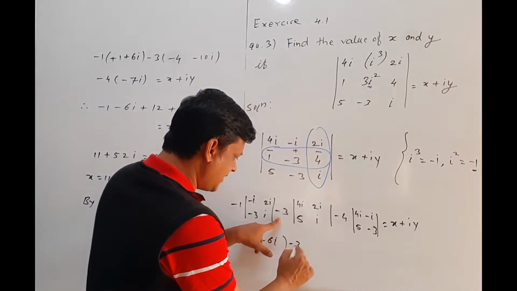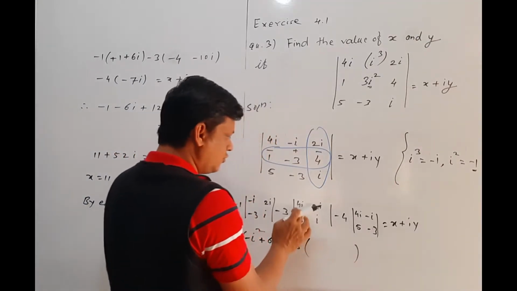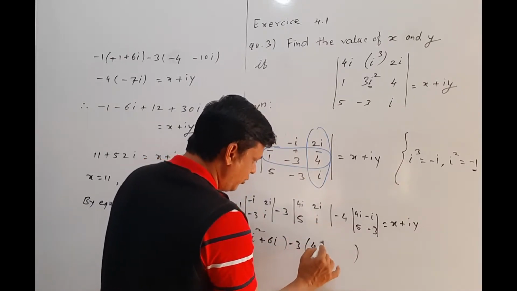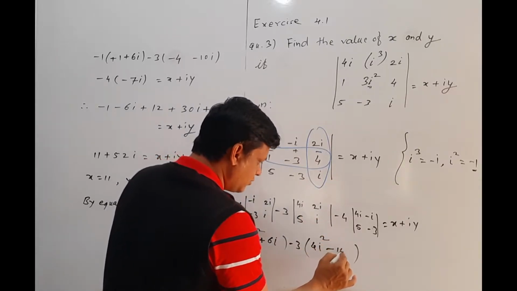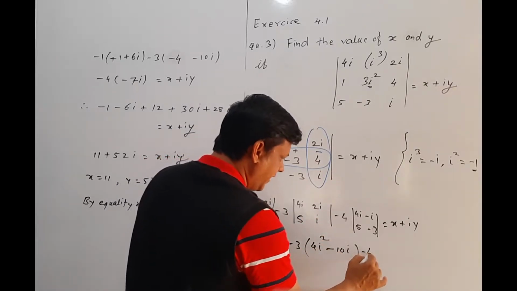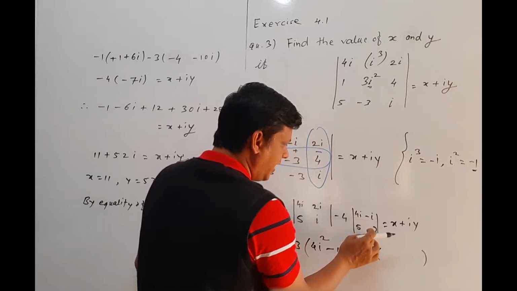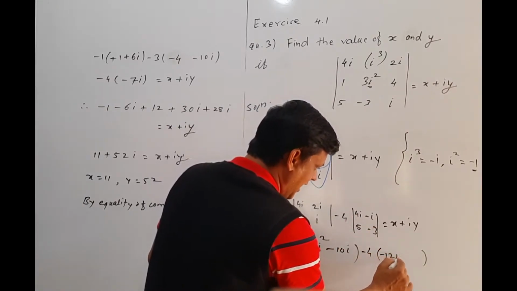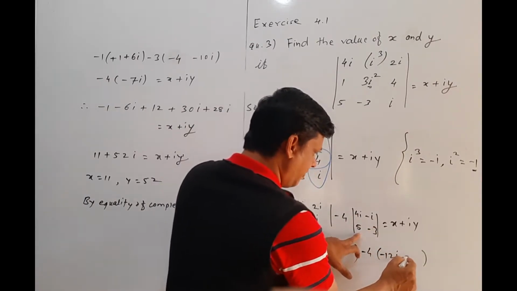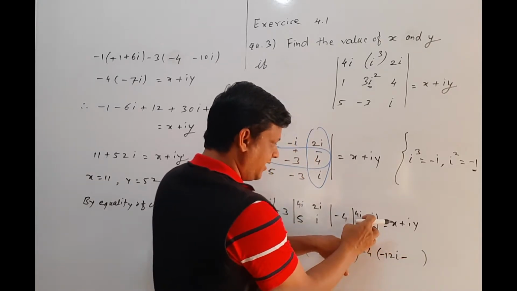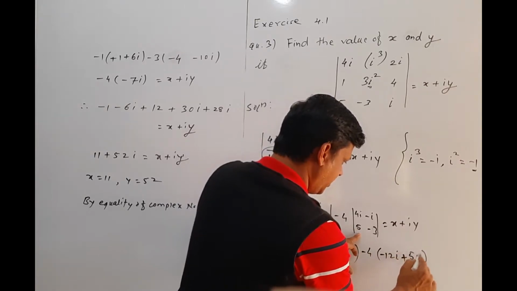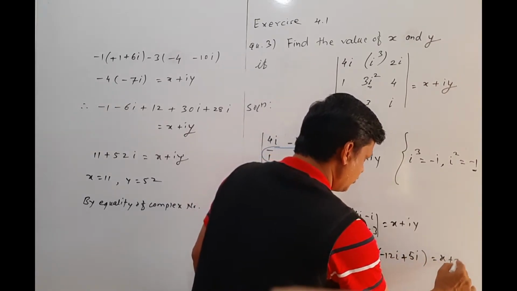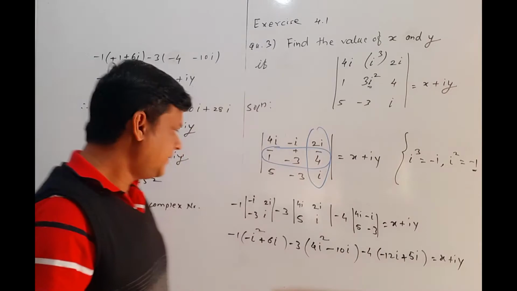Then minus 3 as it is, so 4i into i we write 4i² minus 5 into 2 is 10, so 10i, minus 4 in bracket 4i into minus 3 that is minus 12i. Then with the compulsory minus sign, minus minus gets plus, 5 into i we write 5i, equal to x plus iy.